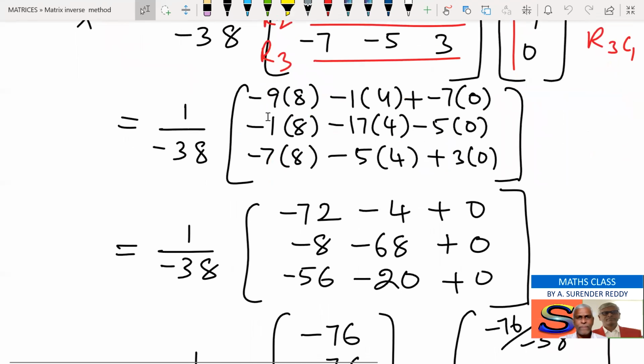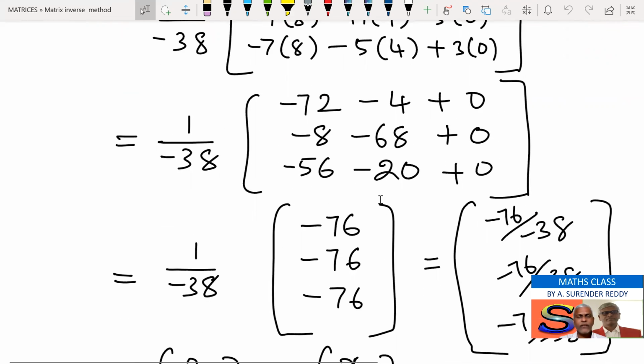After multiplying and simplifying, you get minus 76, minus 76, minus 76. All are equal in this problem. So the 1 by minus 38, if you bring it inside, belongs to all the three numbers.